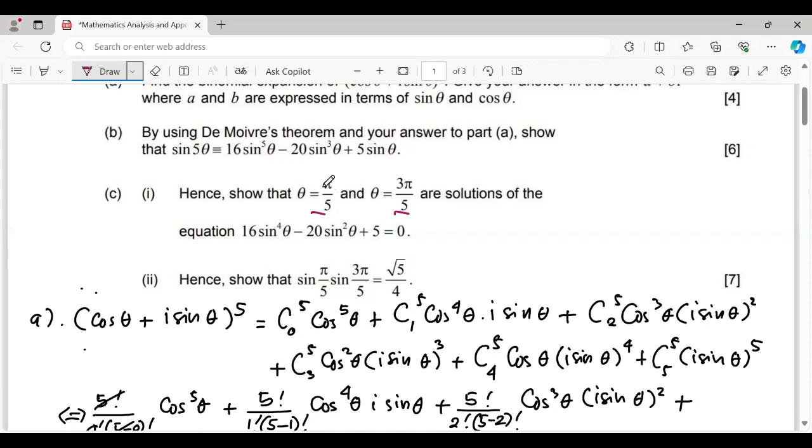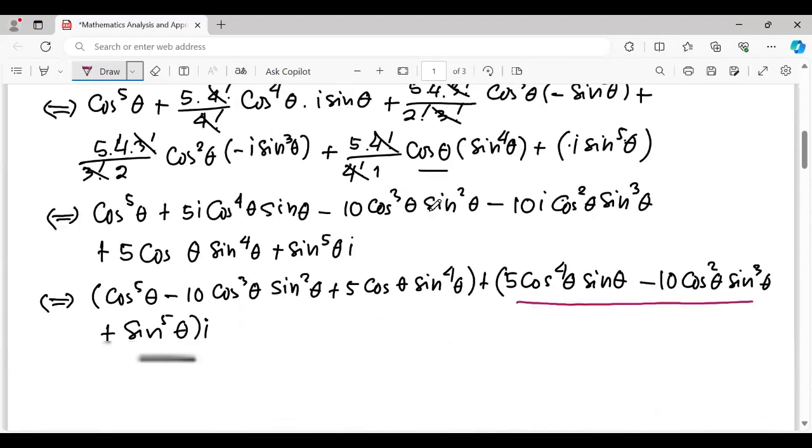So pi over 5 and 3 pi over 5 are solutions of the equation when 16 sine to the power 4 theta minus 20 sine squared theta plus 5 equals 0.